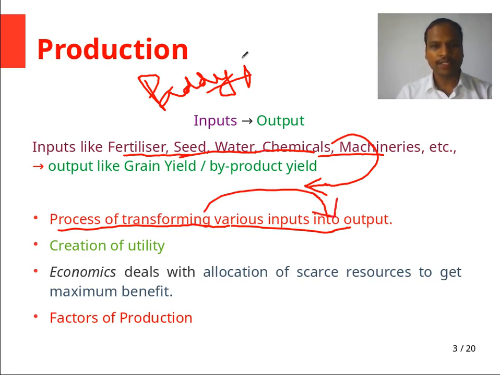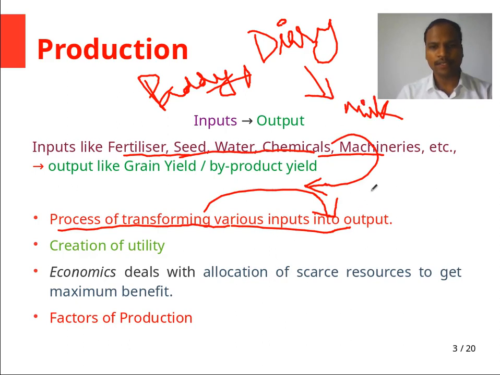Let's take another example, dairy. In a dairy unit, we give various inputs like dry fodder, green fodder, concentrates, etc., and we get milk as the product. So this is also called production.